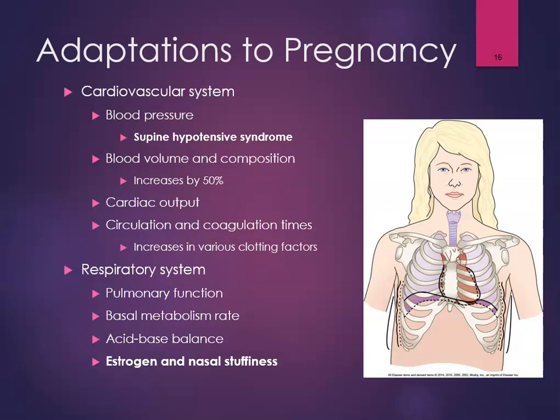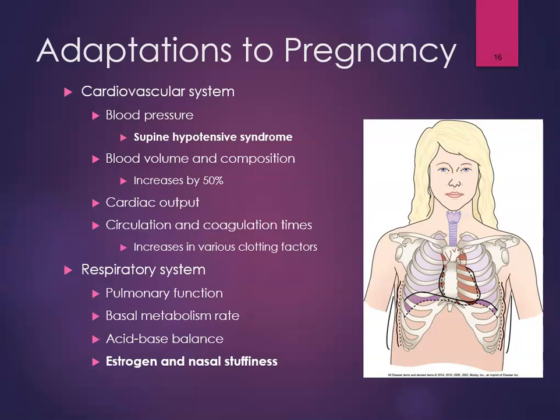So on page 157, it shows the vital sign changes, the blood volume changes, and the various different cardiac changes, such as cardiac output and all, on page 157. The biggest thing is that increase in blood volume. And also their blood pressure can be an issue. They can develop what we call supine hypotensive syndrome.